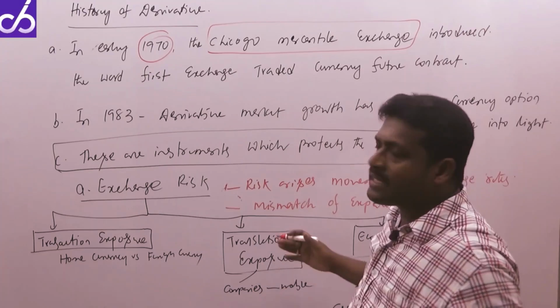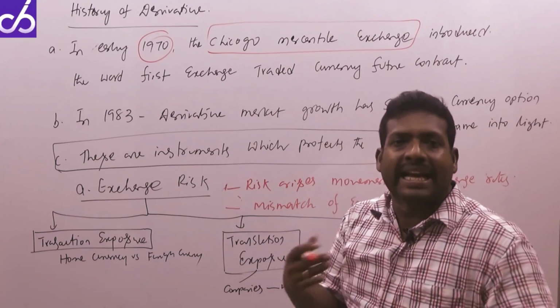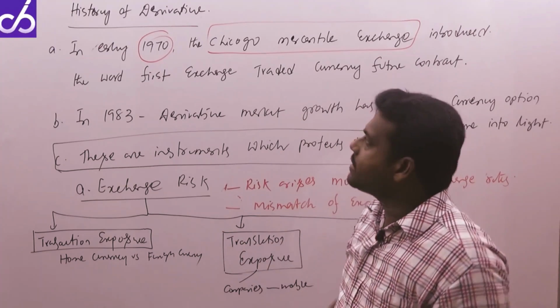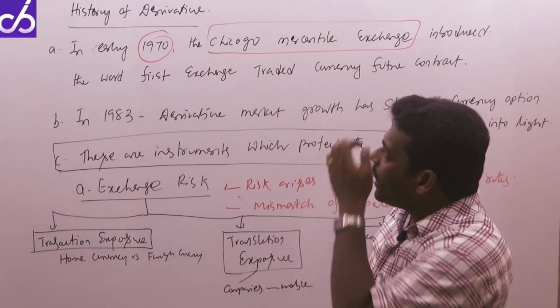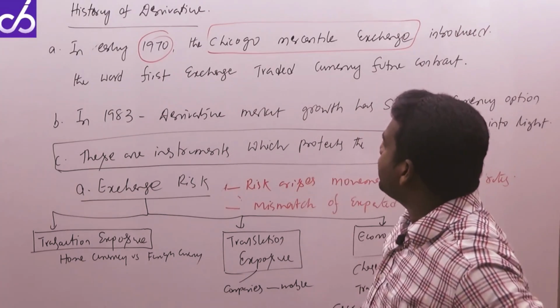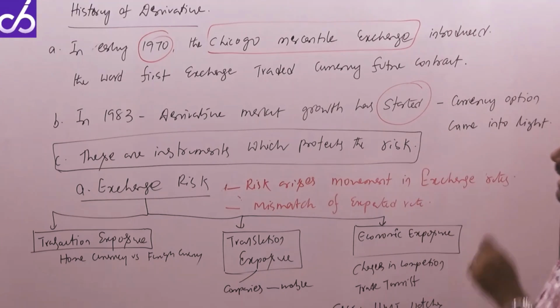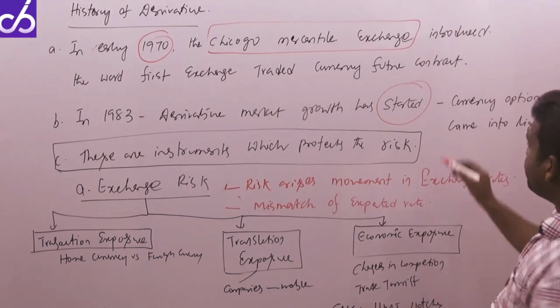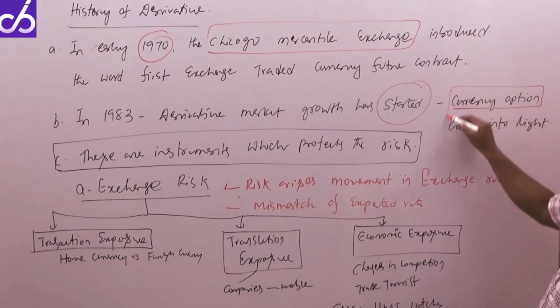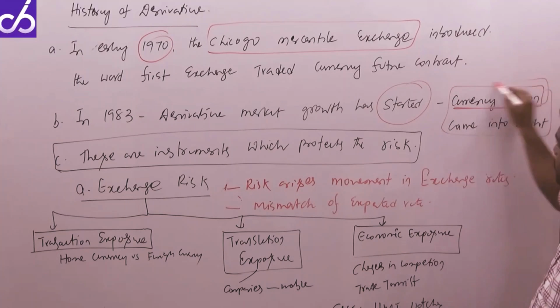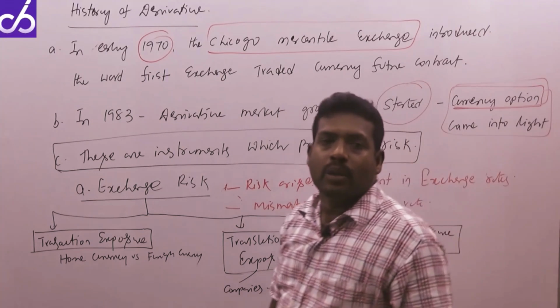So for the first time certain people came together and entered into an agreement that gave a baseline for derivatives. Coming to 1993, the derivatives market growth originally started in 1983, and from there currency options and currency futures came to light.